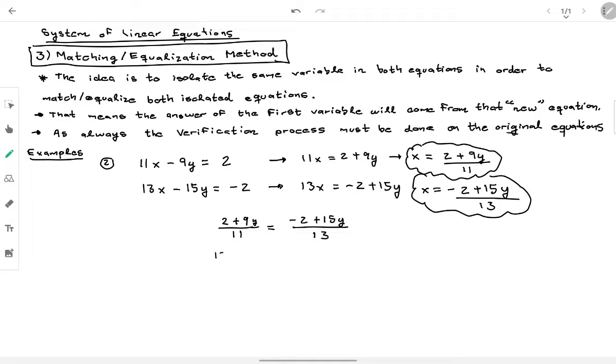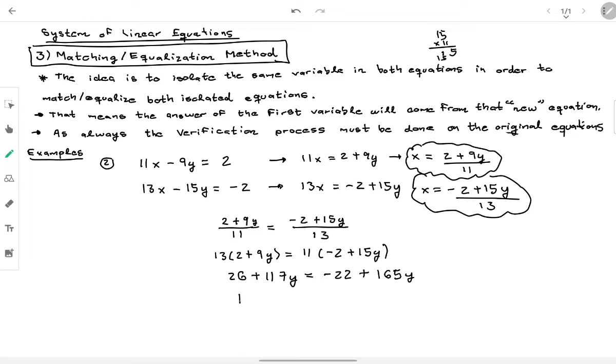So it's going to be 13 that multiplies 2 plus 9y equals 11 that multiplies minus 2 plus 15y. It's going to be 13 times 2, it's 26, plus 117y equals minus 22 plus 15 times 11, which is 165y.